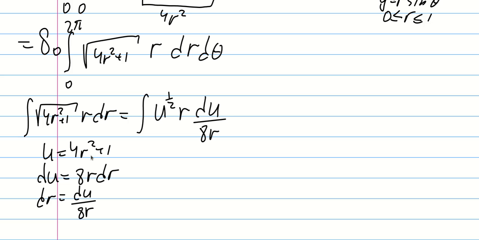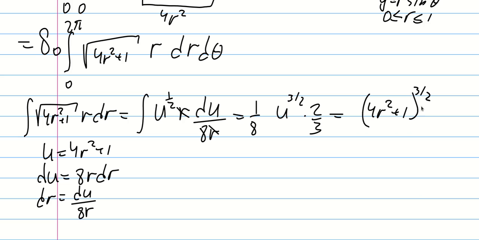Okay, so let's do this out. So r and r goes away, so we have 1 over 8 times u to the 3 halves over 3 halves, so it's times 2/3, and our u is 4r squared plus 1. So we have 4r squared plus 1 to the 3 halves, and 2 and 8 gives us 4 on the bottom, and 4 times 3 is 12. So we get 1/12 times this expression, which we put back over here.